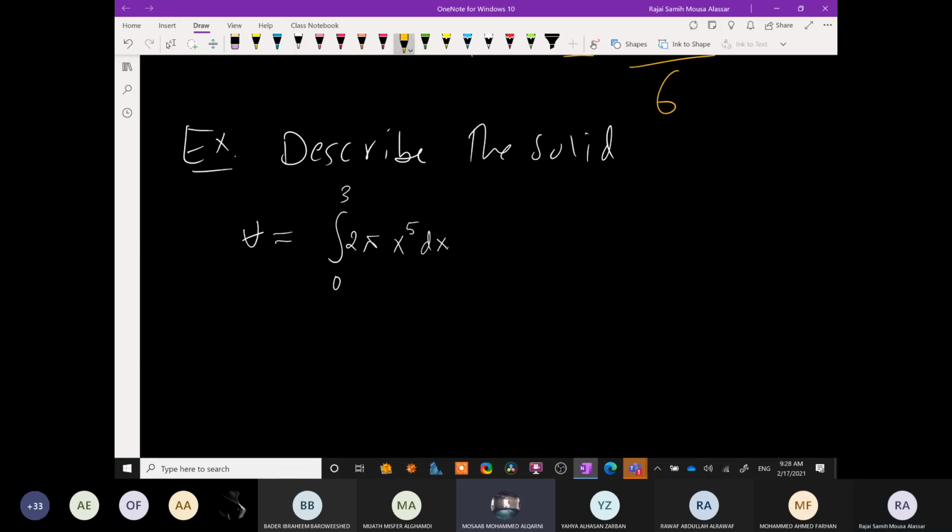All right. So usually what do we do here? We have 2 pi r, h, height, times the thickness. The thickness is obviously dx, correct? And this is my 2 pi. So it means that r multiplied by h is this fellow here.